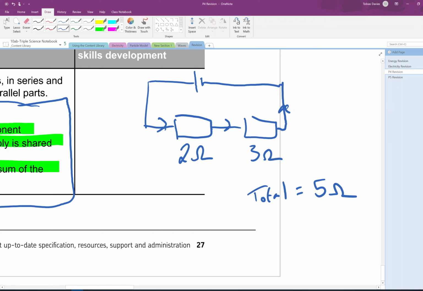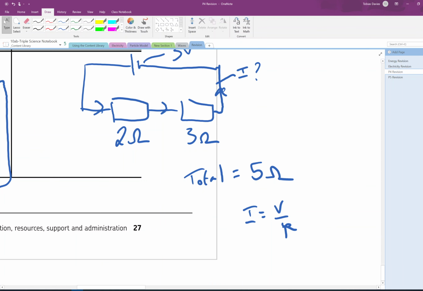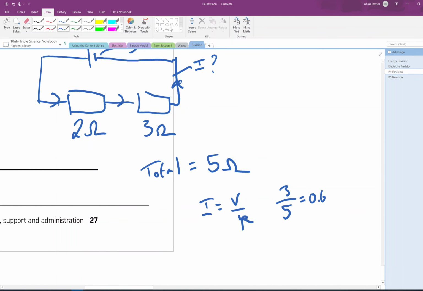Okay, now the simplest sort of problem that you can solve again goes back to V equals IR. If I said that the voltage here was 3 volts, it's a battery, not just a single cell, and I said what is the current? Well, I is V over R. So in total we've got 3 over 5, which is 0.6, and that's for a current.